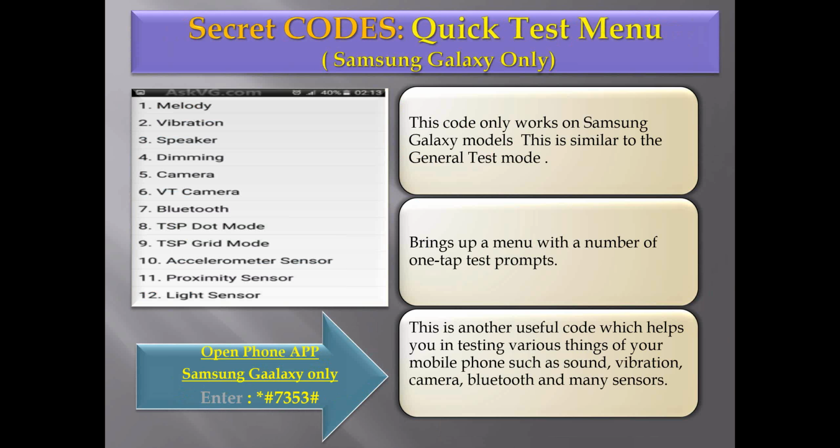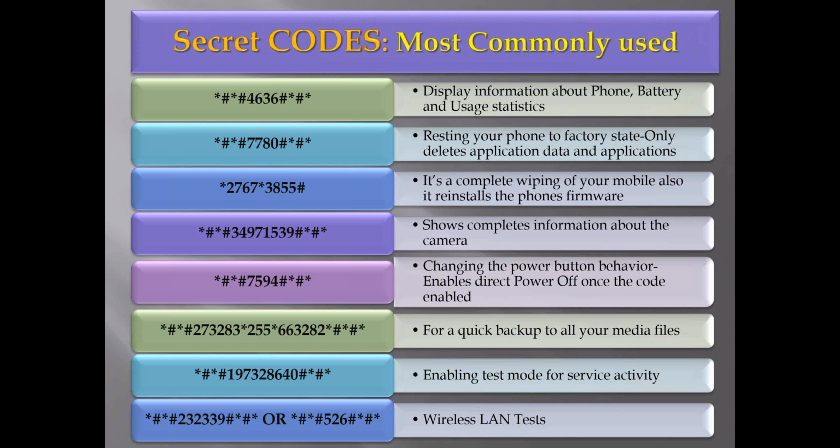You can just type star pound 7353 pound, see if you get this menu, and here you can test all these things. And Samsung devices are very, very popular, right? If we're testing something at work, this kind of a menu is absolutely just like a treasure.